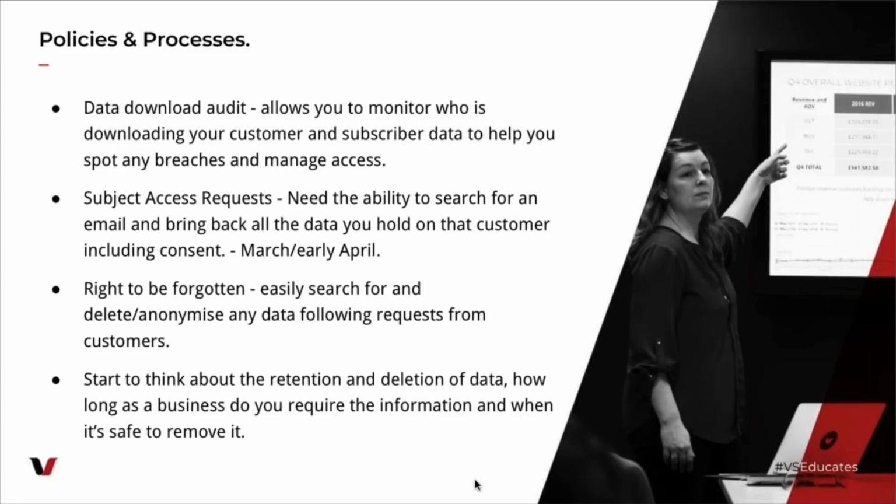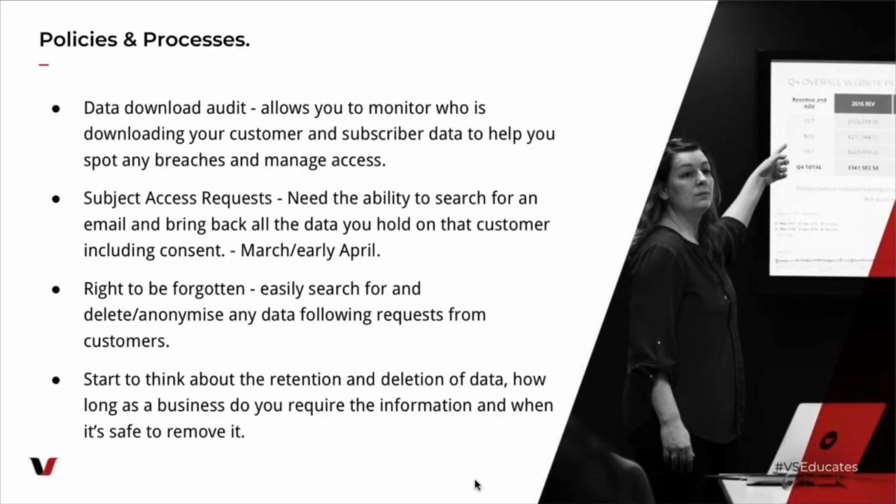And then the next bit, right to be forgotten, will be within the same piece of work where that customer can say, actually, I would like you to delete my information or certain pieces of information. So again, on that screen, you'll be able to delete, say they don't want their phone number anymore, you can delete just their phone number, or if they want everything removing, you can remove all of their personal information from the system. This won't remove orders and order history, but it will remove that customer's information from those orders.